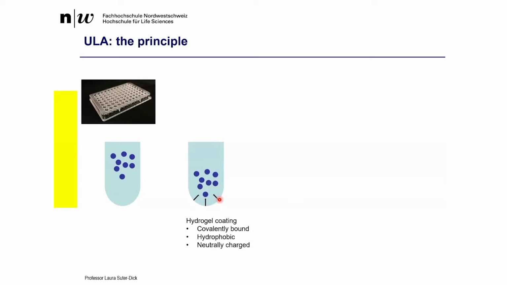And since the HepaRGs and the other cells we are using tend to be adherent cells, they will adhere to each other and aggregate into a spheroid or microtissue, which is, at the end of the day, a ball of cells. So that is the principle of how the cells aggregate, and you will see in a minute how this is performed.